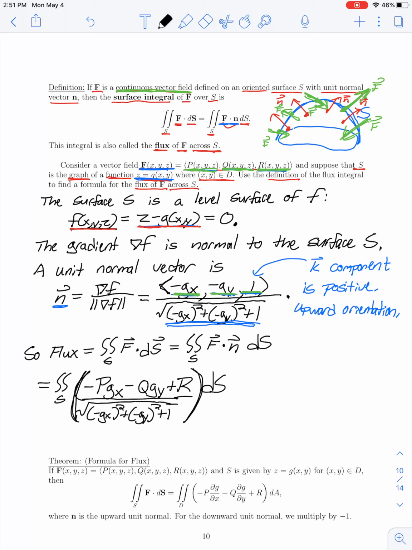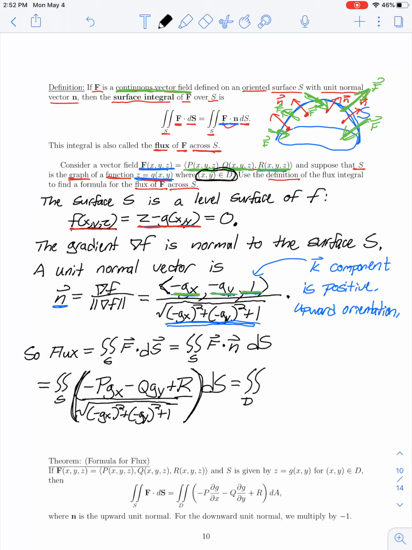So recall that to evaluate a surface integral over a surface S, which is the graph of a function, we would take the following. We would convert this to a double integral over the region D, where D is the projection of our surface onto the xy plane.